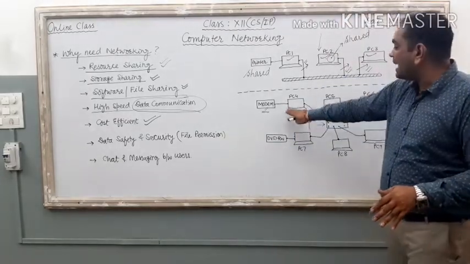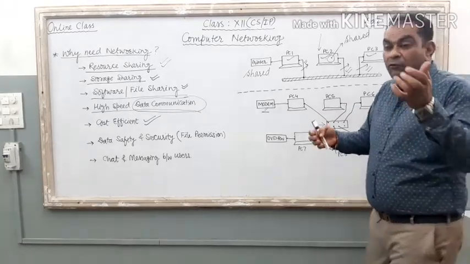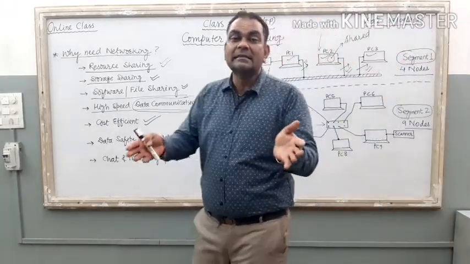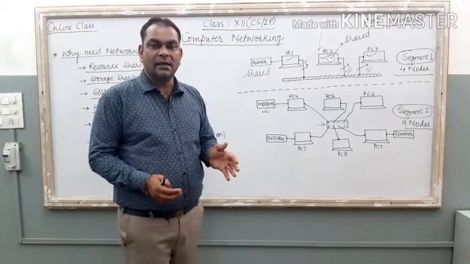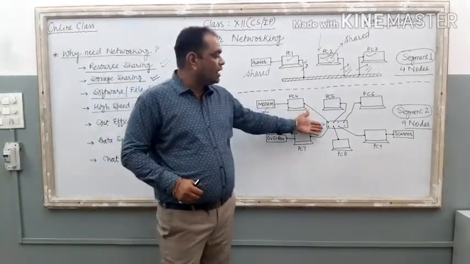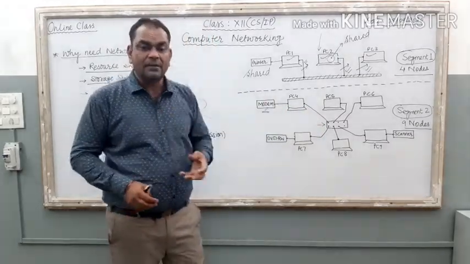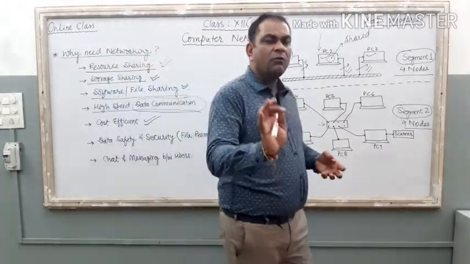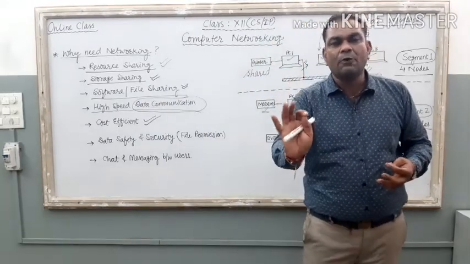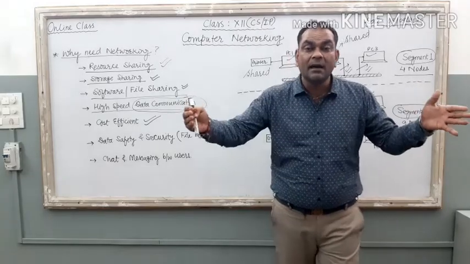Then you have to connect these computers with a special wire. The cost of the wire for 10 computers is about 2000 or 3000. So 3000 is for wire, 1000 is for the hub or switch, 4000. Then you need some small connectors. With an expense of about 4500 rupees, you can connect 10 different computers with each other.